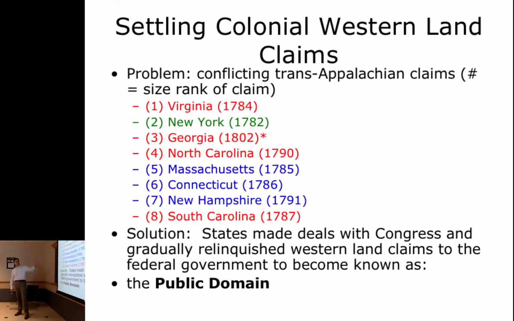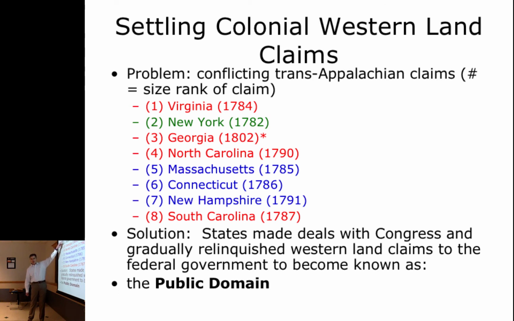And each one of these 8 states had what we call Western land claims, claims to the west, as far as the Mississippi River. Some states had gargantuan claims. Virginia and New York were the 2 largest in terms of the size of the claim. These are ranked by the size of the claim. Virginia claimed virtually everything in the West.